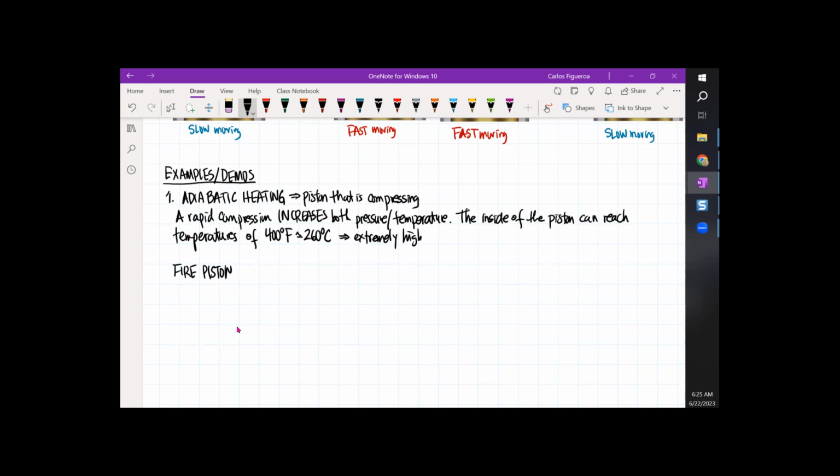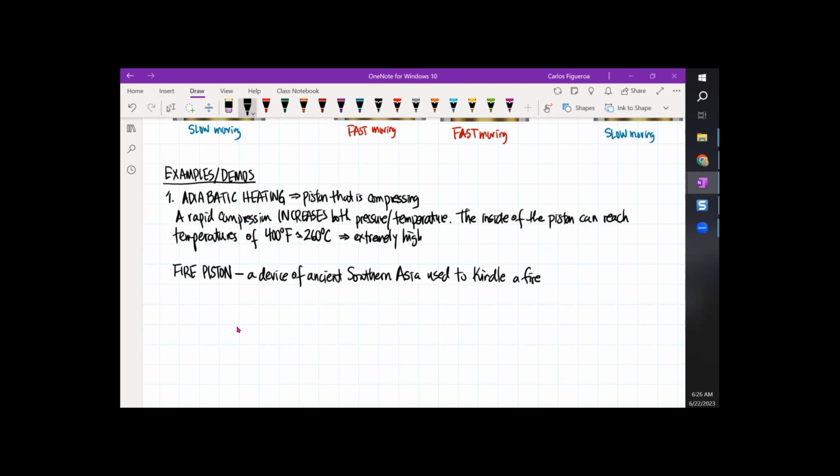And this is a very, very cool demonstration. What you find here with the fire piston is a device of ancient Southern Asia used to kindle a fire.